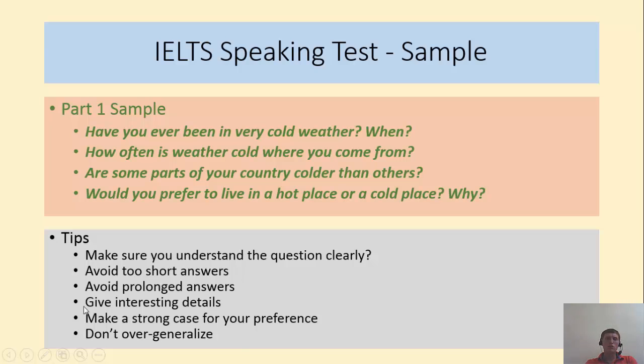You need to try to give interesting details. That will certainly impress the examiner and help raise your score. And when you present your preferences, you need to try to make a strong case for it. Finally, you need to avoid overgeneralizing. If you do, you will definitely sound unreasonable.